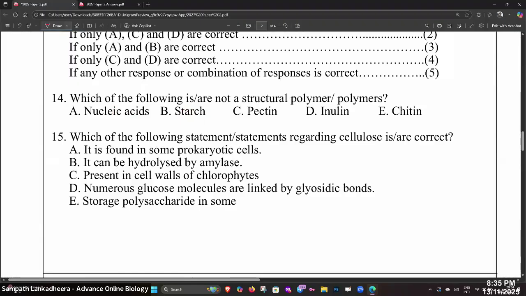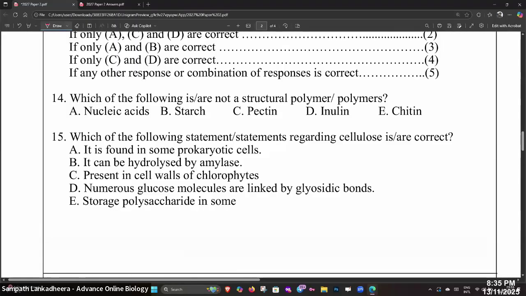Nucleic acid: how do you take it? It stores genetic information, but then it forms DNA and chromosomes. Starch is storage. Pectin is structural.